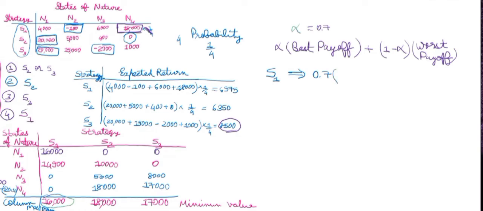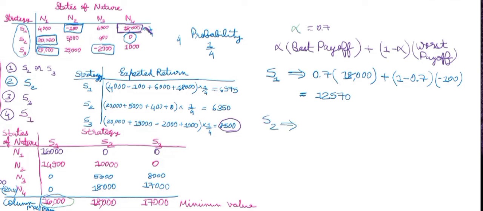Now, to find the Hurwicz criterion, we'll find it for each of the strategies. So I'll write it for S1, which is 0.7 into 18,000 plus 1 minus 0.7 into minus 100. So on solving this, we'll get 12570.